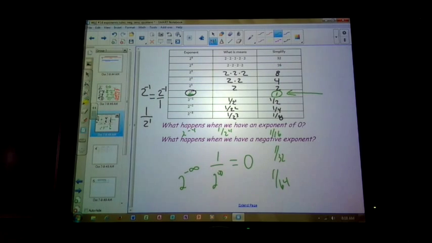Okay? So Preston, a to the 0 is 1. Christian, 7 to the 0 power. Andrew, b to the 0.